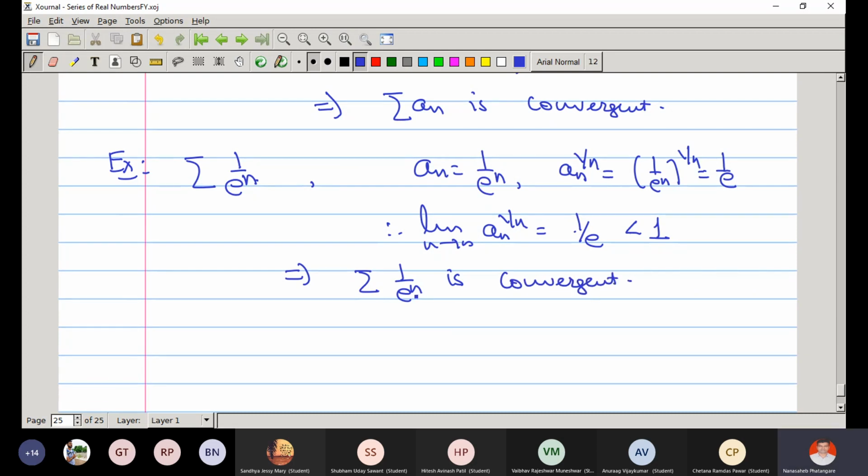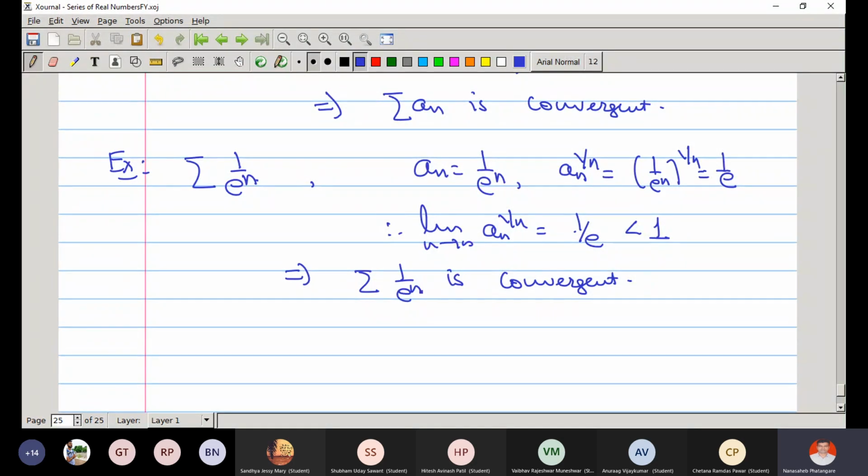So here if your expression contains powers, or indices containing n, then this test is useful. Immediately we'll get a simple expression and we can understand the convergence or divergence, right?